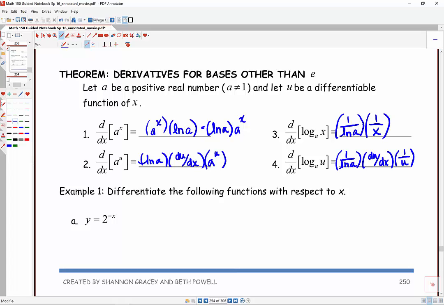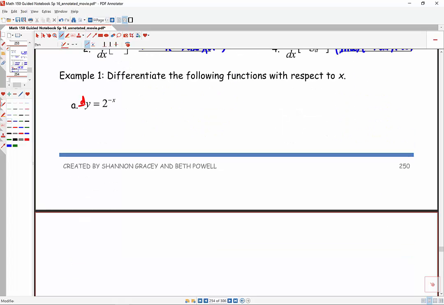Okay, so now here we go. y is equal to 2 to the negative x. All right, let's start out by differentiating both sides with respect to x. And on the left side, we'll get dy dx, or y prime, whatever you prefer. And here, remember, we want to rewrite the exponential exactly as it is. Right? And then we need to differentiate the power with respect to x. And the power was negative x.